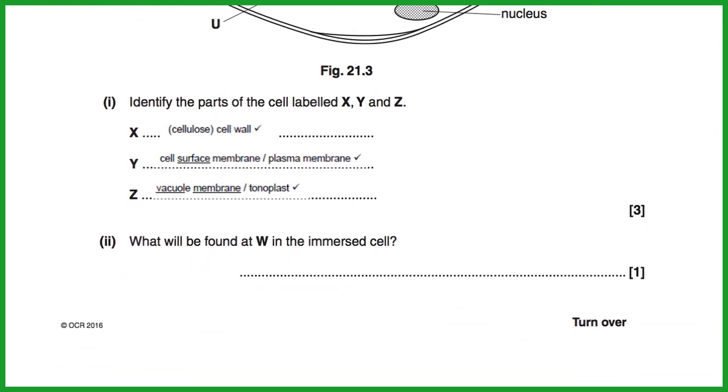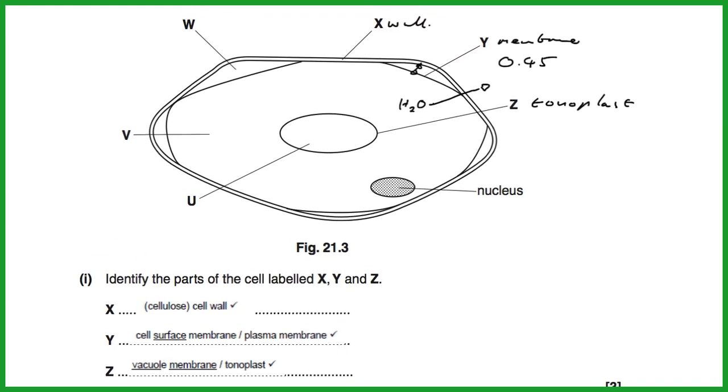Now what will be found at W in the immersed cell? This is making sure that you understand the concept that cellulose is permeable to the sucrose solution. So what will be found at W, which is the gap between the cell membrane and the cell wall, is the sucrose solution.